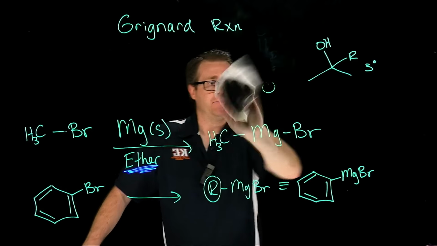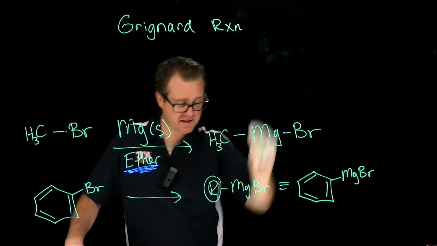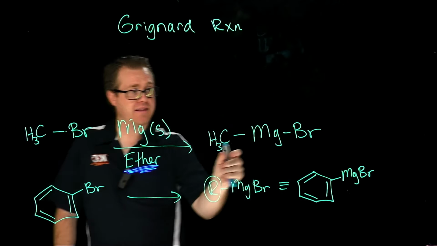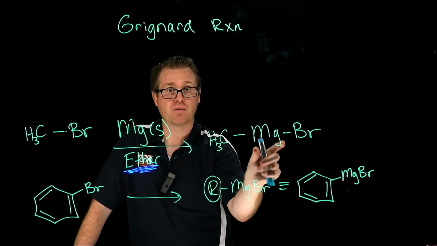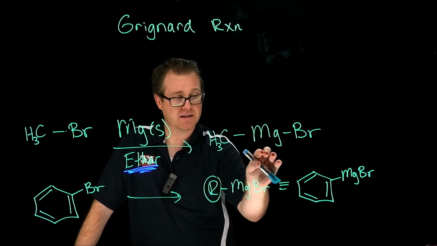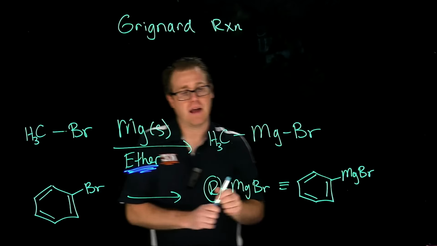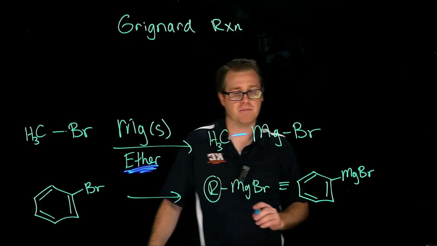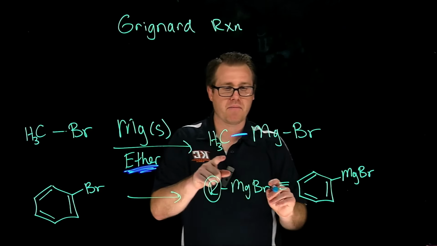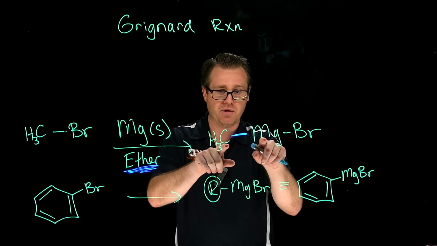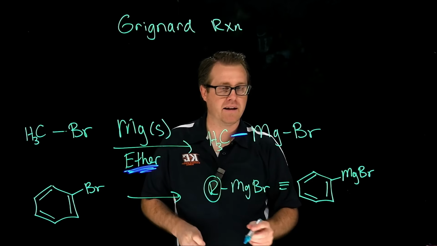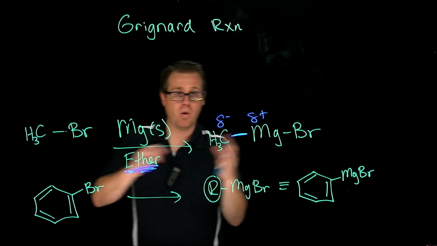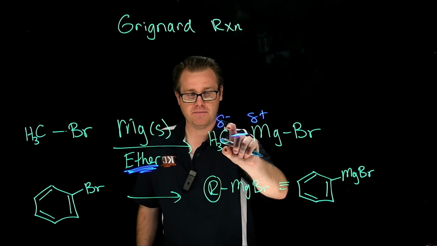Now let's take a look at why the Grignard is reactive, okay? Because what's happening is that this species is electron rich. It can act as a base or a nucleophile. And so when we take a look at this carbon magnesium bond right there, well, between these two elements, magnesium and carbon, which one's more electronegative? You're going to find that carbon is more electronegative. So it's going to have more negative charge on the carbon.